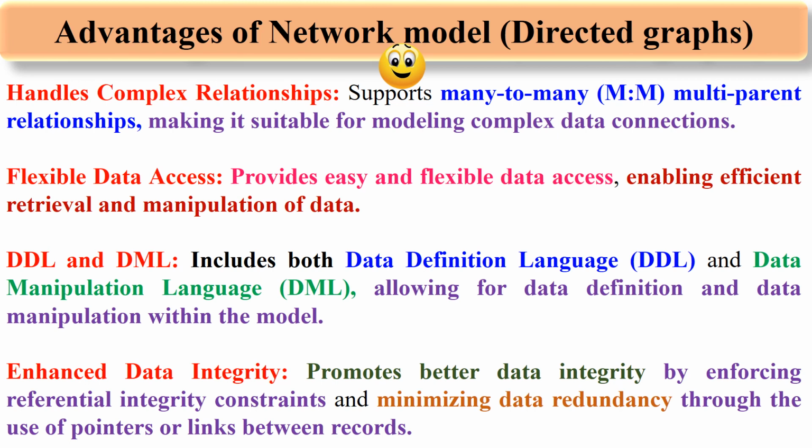DDL and DML. Includes both data definition language, DDL, and data manipulation language, DML, allowing for data definition and data manipulation within the model. Enhanced data integrity. Promotes better data integrity by enforcing referential integrity constraints and minimizing data redundancy through the use of pointers or links between records.